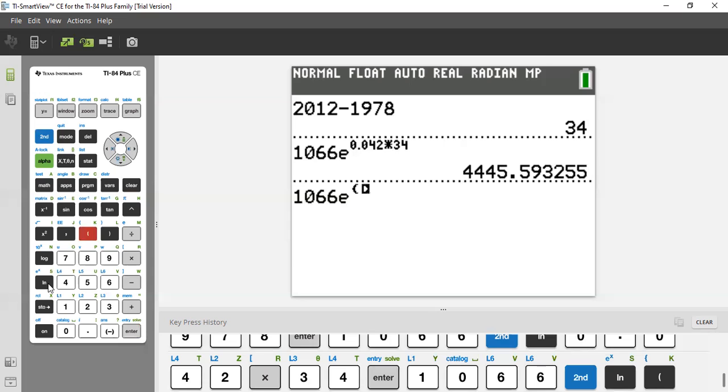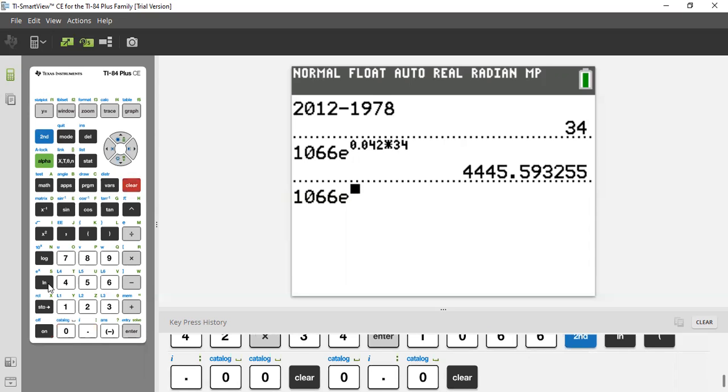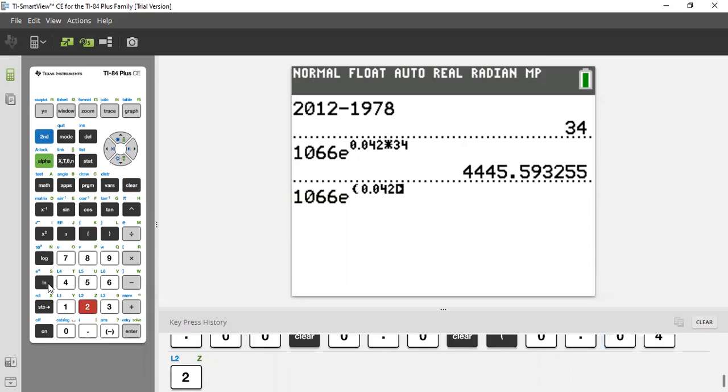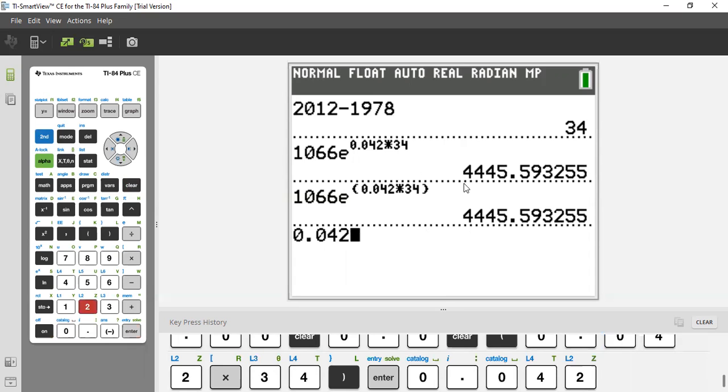At that point in time, you do parentheses, 0.042 times 34, and you close that set of parentheses. Again, there would be a little wedge shape here, and this would still be written all where it's at. You get some answer.